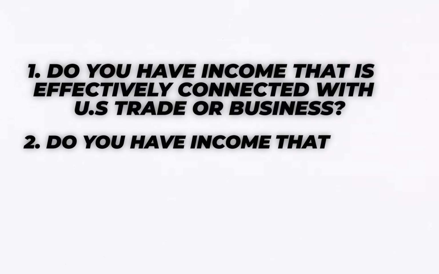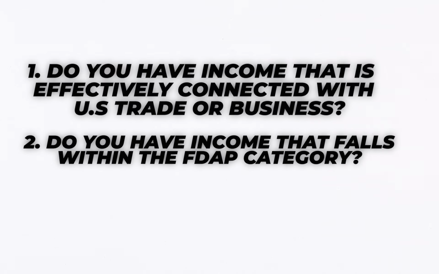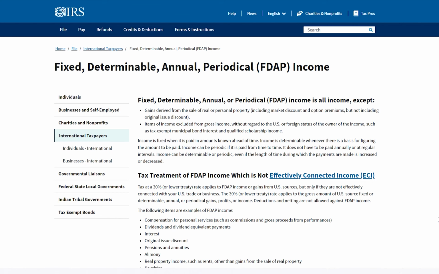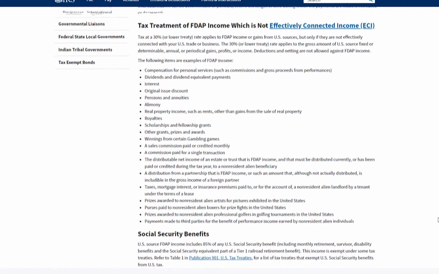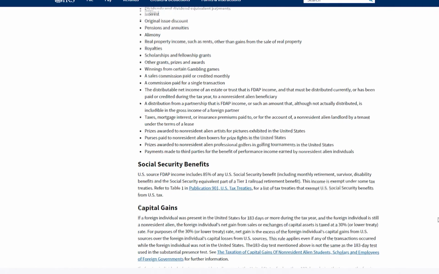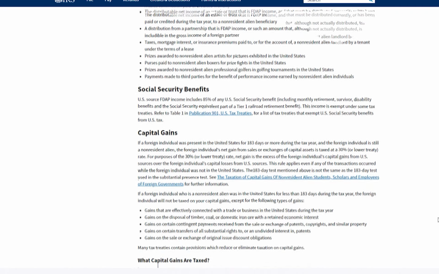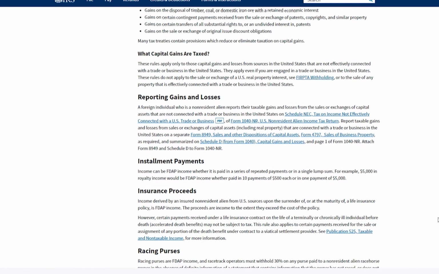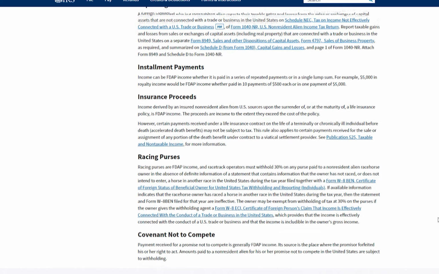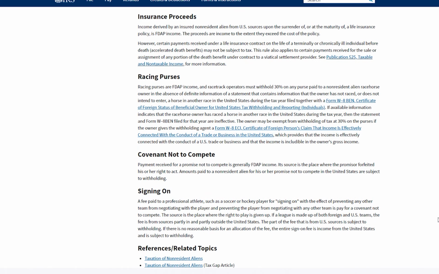Do you have income that falls within the FDAP category, to the extent that the payer, the one that paid you that type of income, did not withhold the proper taxes at source? If the answer is yes, if they did not withhold the proper tax at source, then you are required to file 1040 NR.